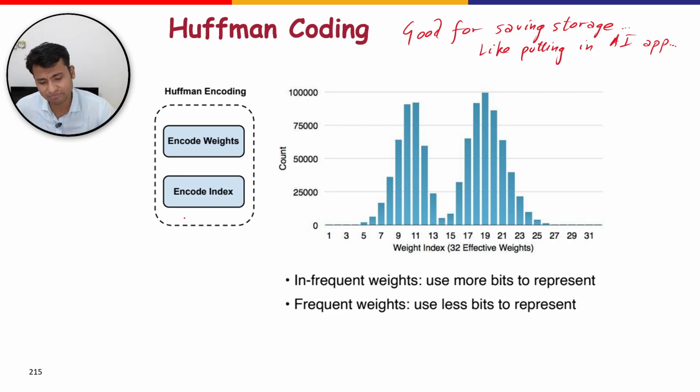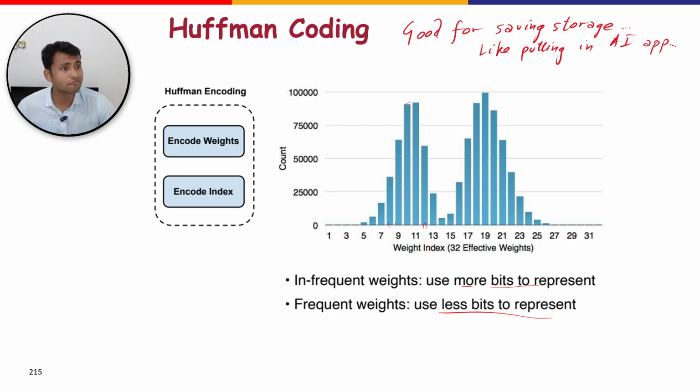So understand it very simply: since the count of the weights in this range is higher, we represent these frequent weights using fewer bits, and the infrequent weights we use more bits to represent, to maintain the precision.